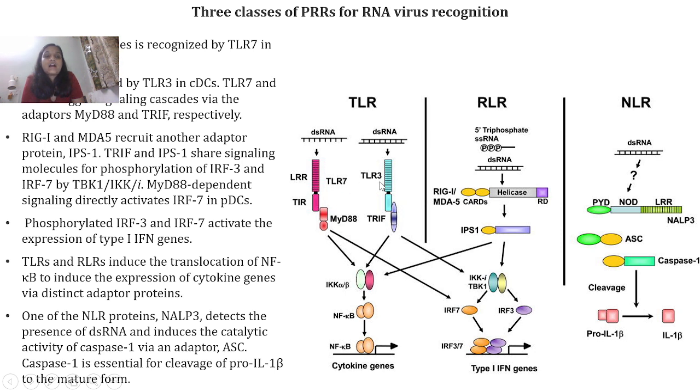Then double-stranded RNA is detected by TLR3 in conventional dendritic cells. Then TLR7 and TLR3 signaling cascades include adapter MyD88 as well as TRIF. So here it will be, I think, single stranded, not double stranded. So by mistake it has been labeled as double stranded. Double stranded is recognized by TLR7. Sorry, single stranded, and double stranded here is recognized by TLR3.